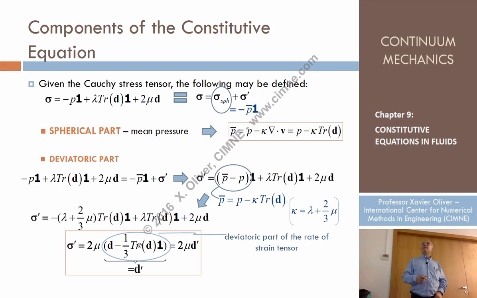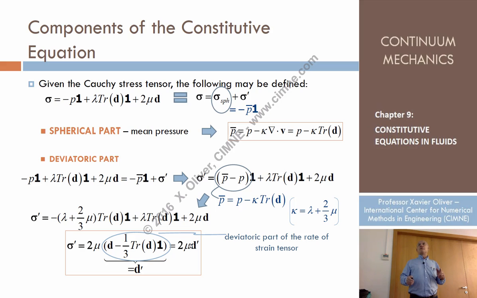And look, in this equation, the thermodynamic pressure doesn't play any role. It's important: the deviatoric part of the stresses depends only on the deviatoric part of the rate of strains through the viscosity. That viscosity is not lambda but mu.